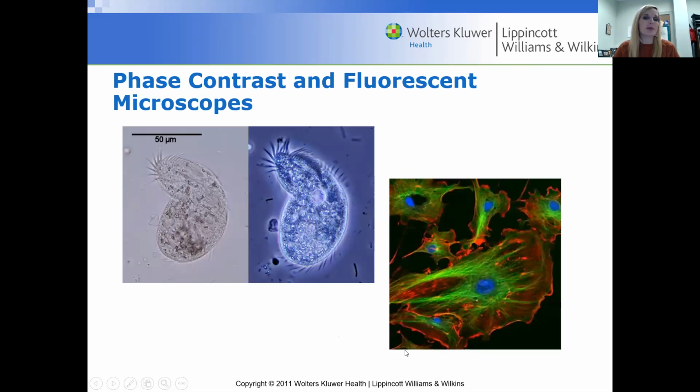So here's an image of a phase contrast. You can see compared to an average compound microscope image, here's your phase contrast that adds that little bit of contrast to that image, and you can see it a lot clearer. And then here's what I mean by fluorescence. Look at how this UV light makes this almost look like this image is just glowing and coming out at us a little bit better and a lot clearer.